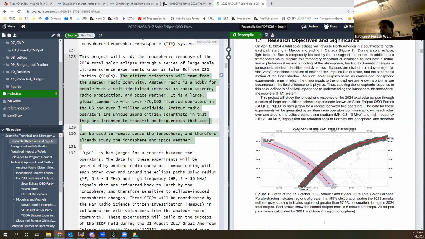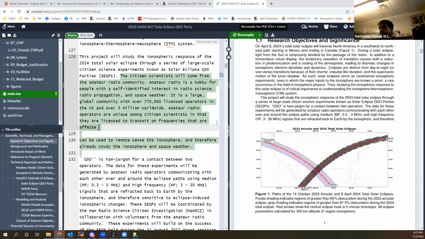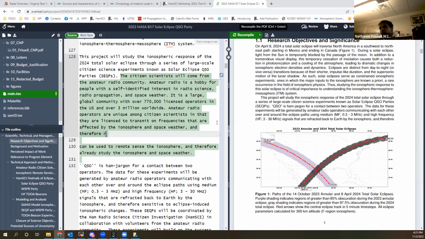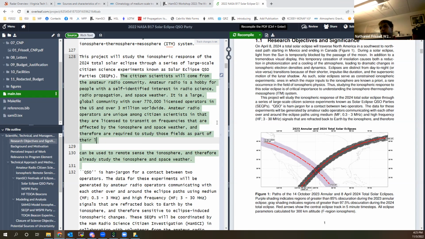Transmit frequencies are affected by the ionosphere and space weather, and therefore are required to study those fields as part of their licensing requirements.